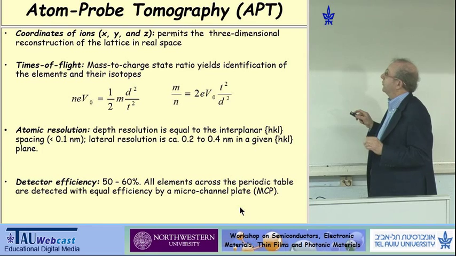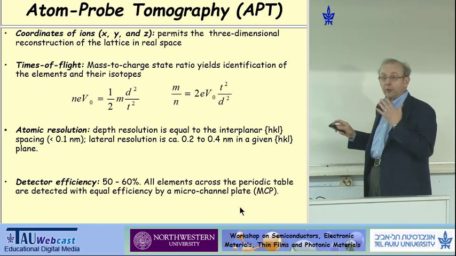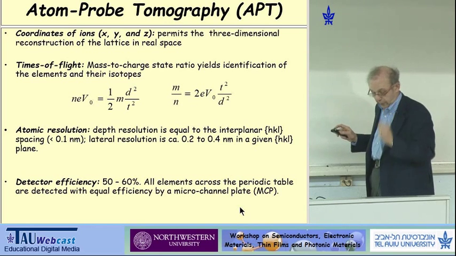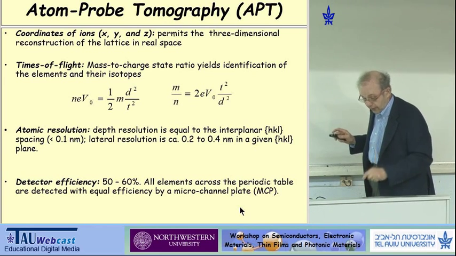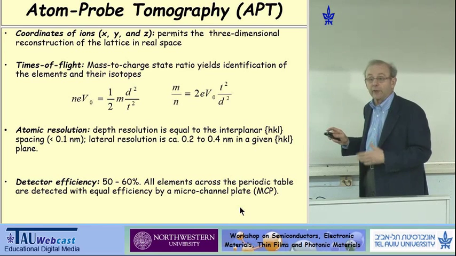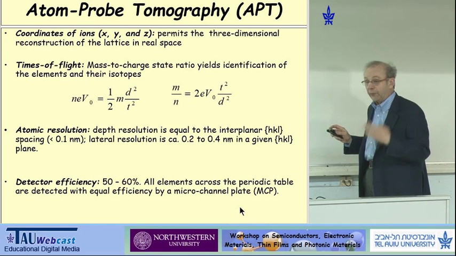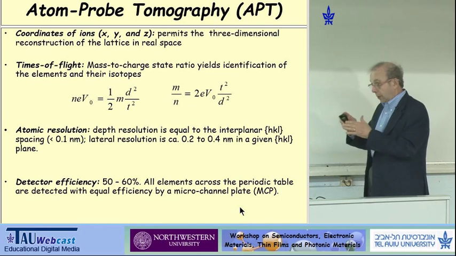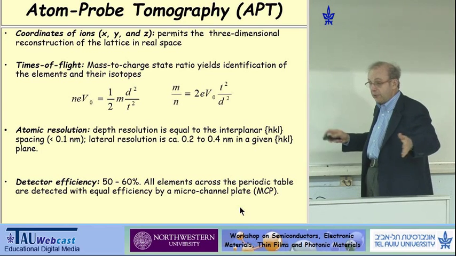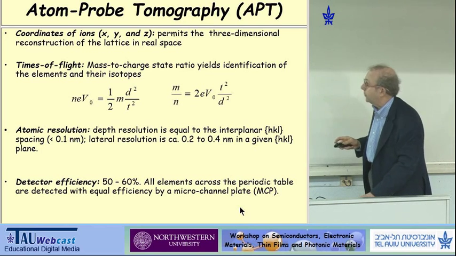And T is the time of flight, and D is the flight path, and you can calibrate D using the known isotopes of a specimen. Something like tungsten that has 5 isotopes, or molybdenum that has 7 isotopes, and using also helium, and it's linear from hydrogen to the top of the periodic table.